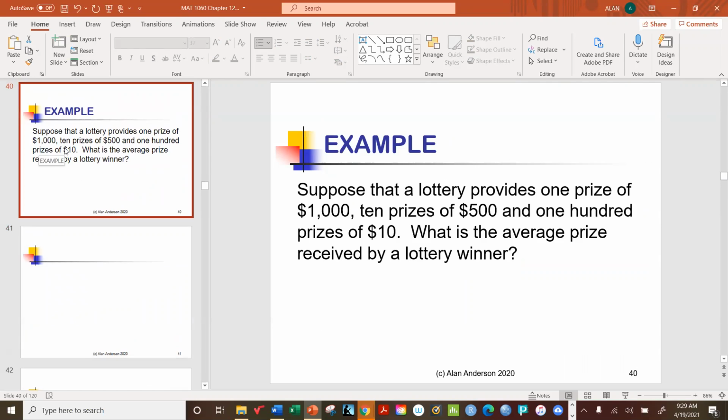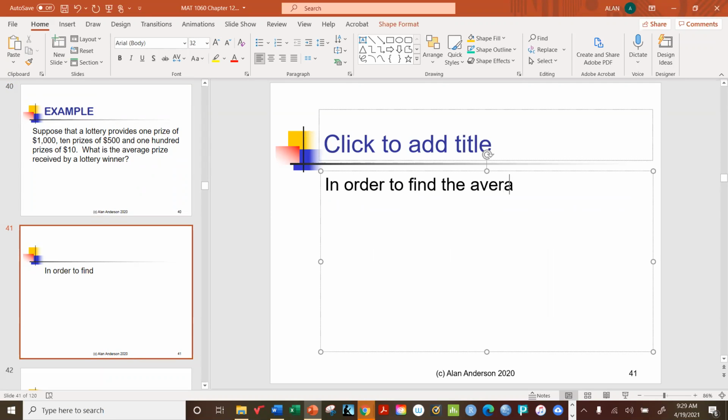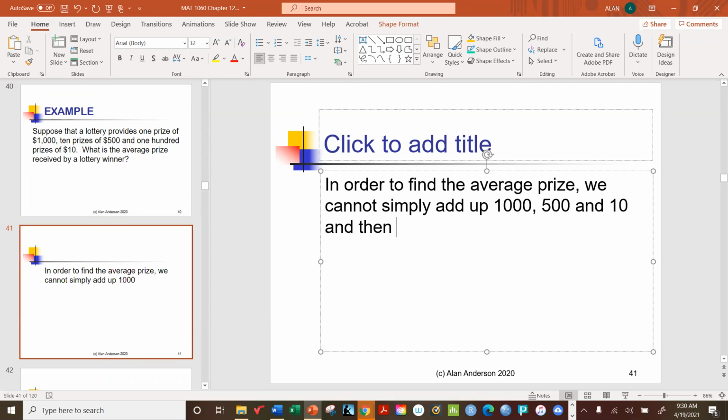You cannot simply combine the 3 and then divide by 3. The question is, why not? In order to find the average prize, we cannot simply add up 1,510 and then divide by 3.